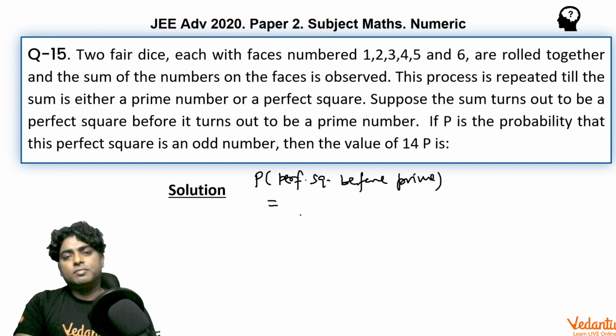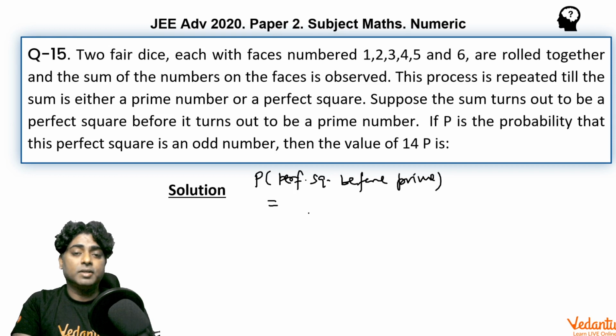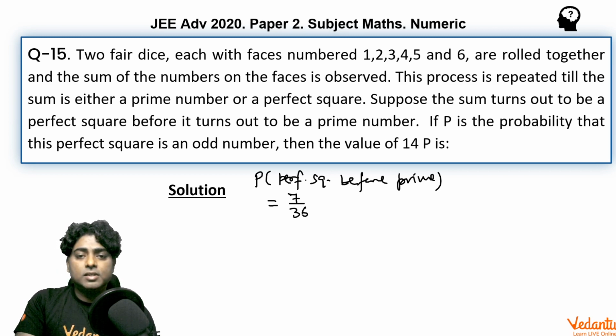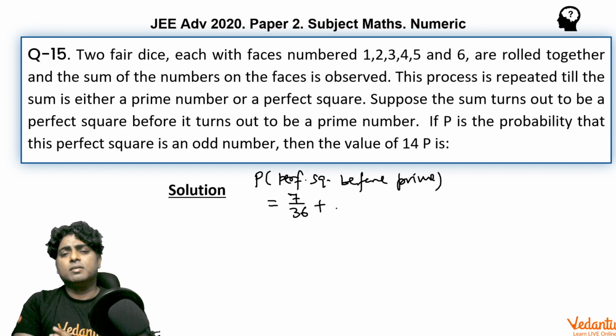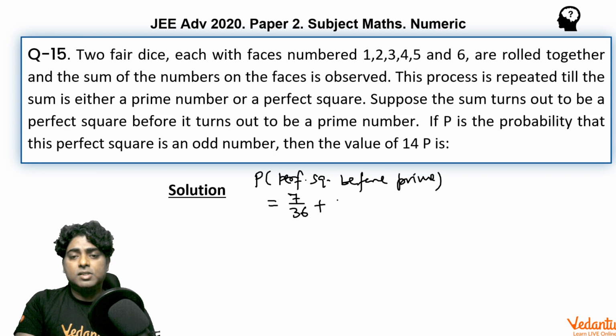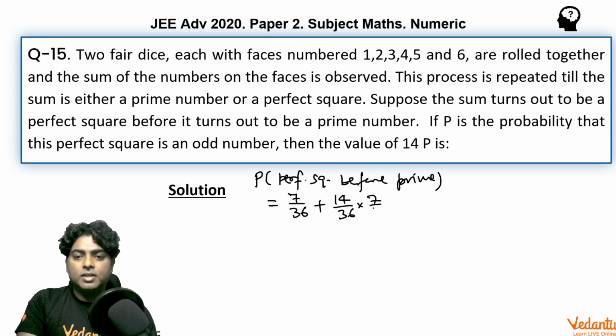So thinking of the usual procedure, how can this happen? It can happen like this. Think about the story. At the first throw we are getting a perfect square itself. For perfect square there were 7 ways, 7 upon 36, or it may happen that we are not getting a perfect square nor a prime, that was 14 upon 36, and next time we are getting a perfect square, that is 7 upon 36.